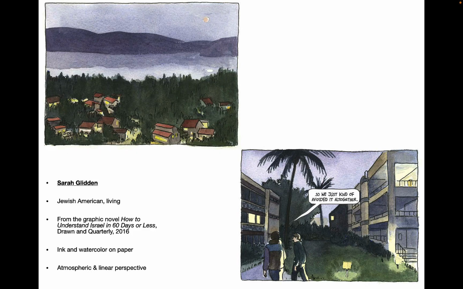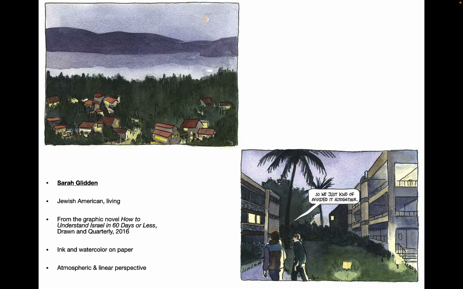That's not required. But the reason I'm showing you this is because we can see both atmospheric and linear perspective at work in the top drawing, and then the bottom drawing has very strong linear perspective in those buildings.